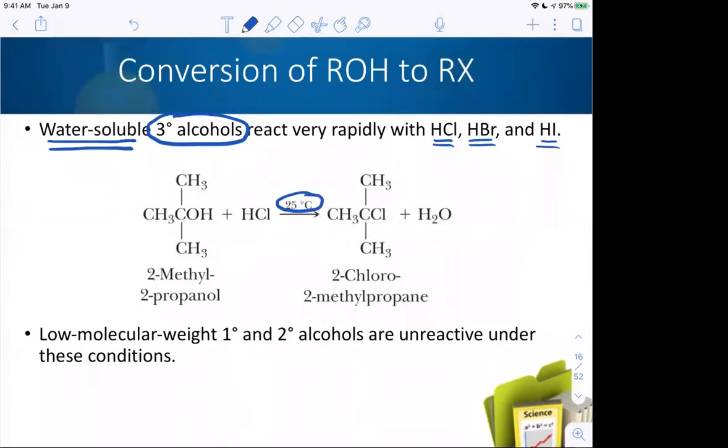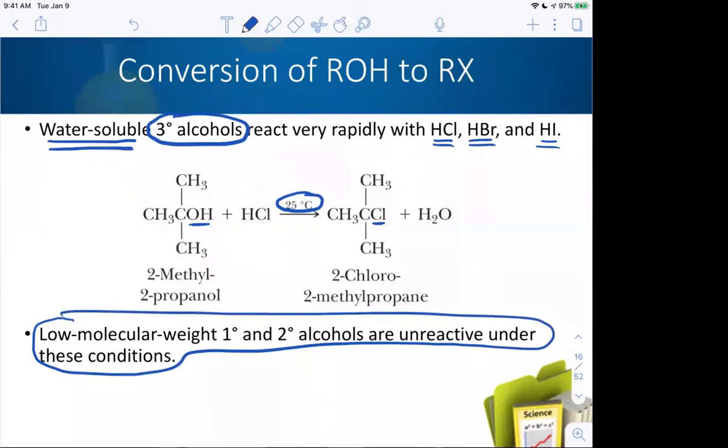And what I'm going to do is substitute the halogen for the OH. Low molecular weight primary and secondary alcohols are unreactive. They do not react under these conditions.